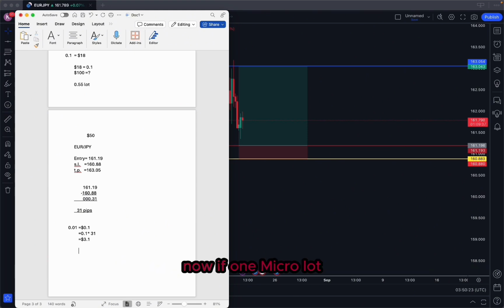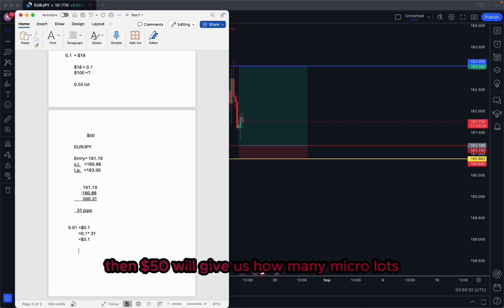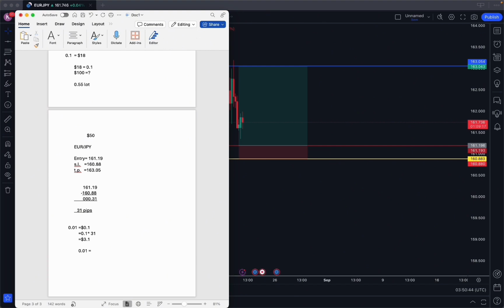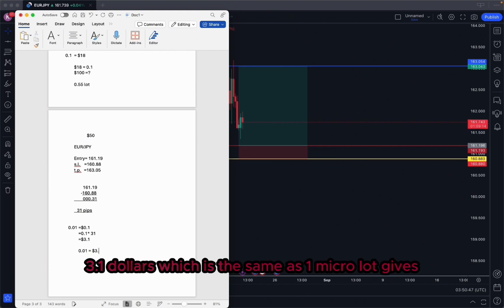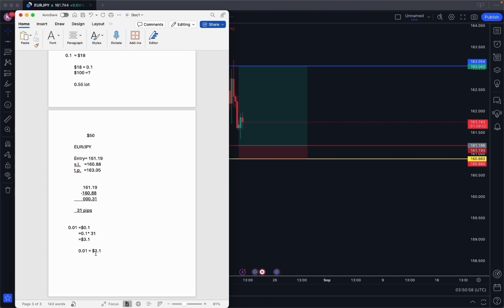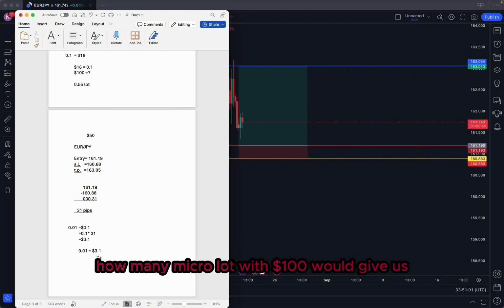Now if 1 microlot with 31 pips movement gives us $3.1, then $50 will give us how many microlots? You see how simple that is. So let me write it. 0.01 gives $3.1, which is the same as 1 microlot gives us $3.1 with 31 pips movement. Let's rewrite this.